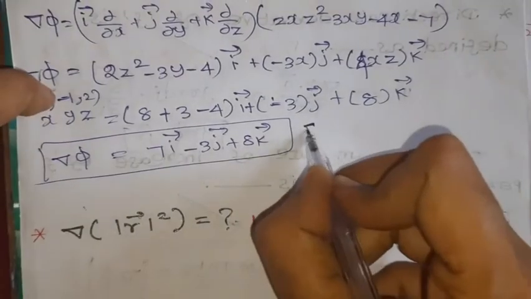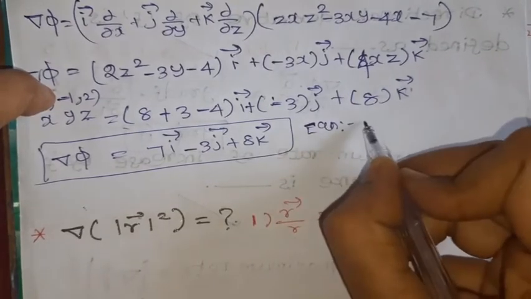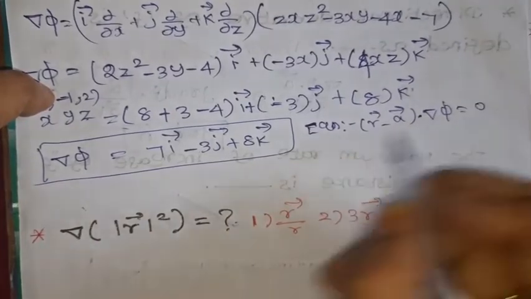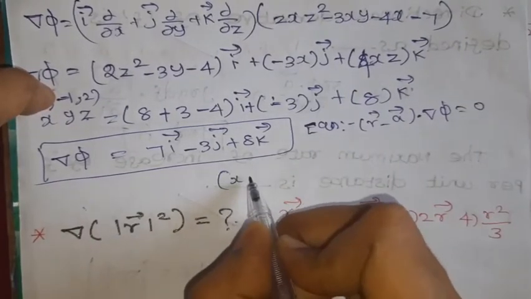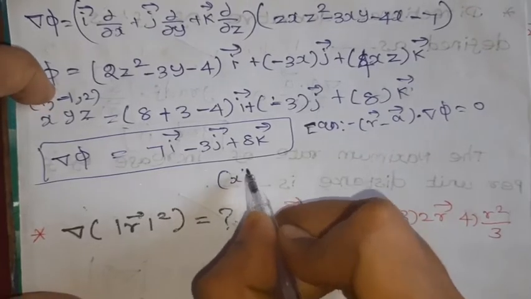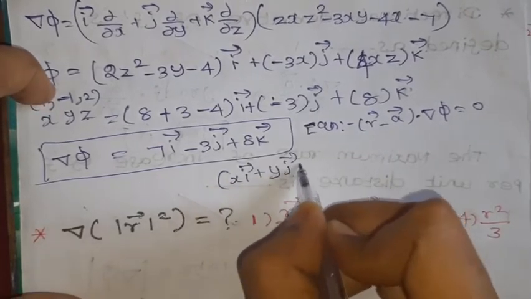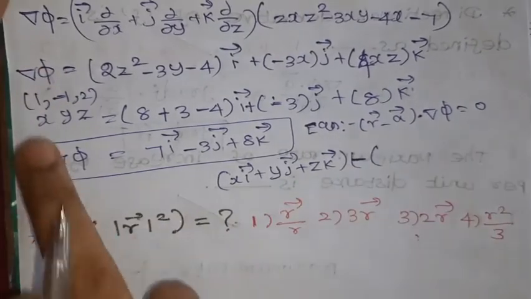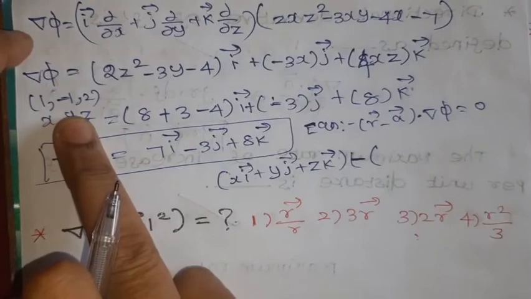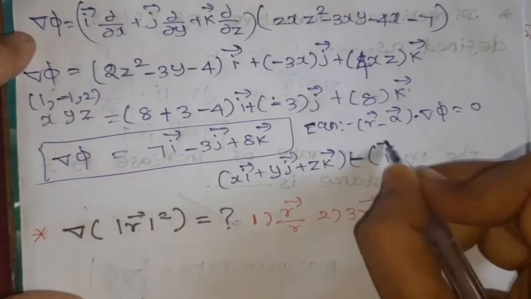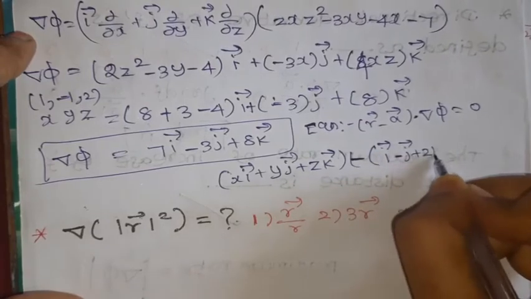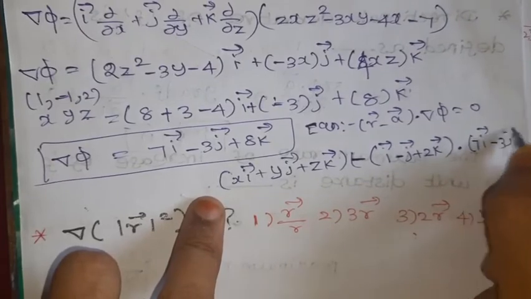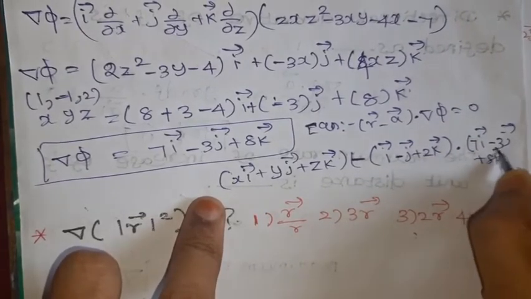Then the equation of the tangent plane we know now. (R vector minus A vector) dot del phi equal to 0. So what is R vector? xi plus yj plus zk, minus, what is A vector? i minus j plus 2k, dot del phi, 7i minus 3j plus 8k, equal to 0.